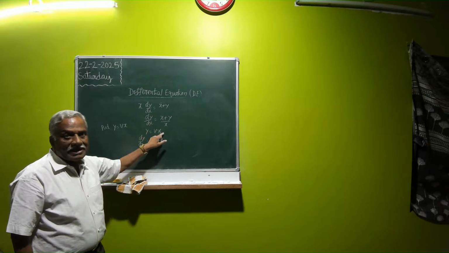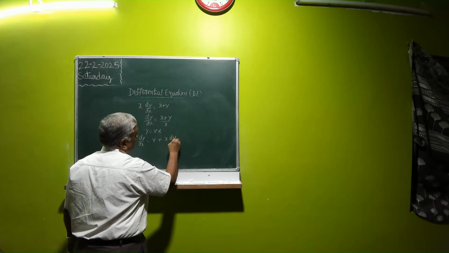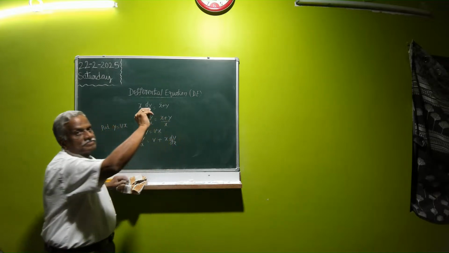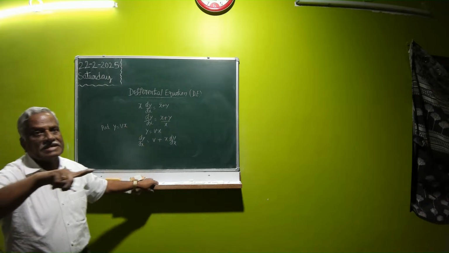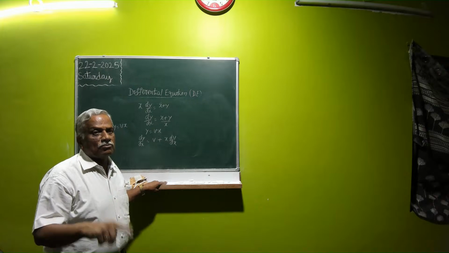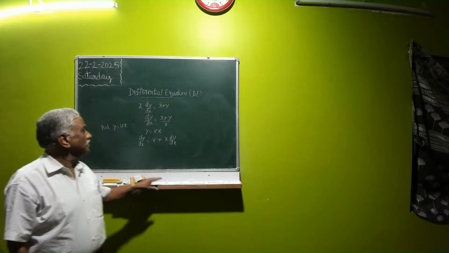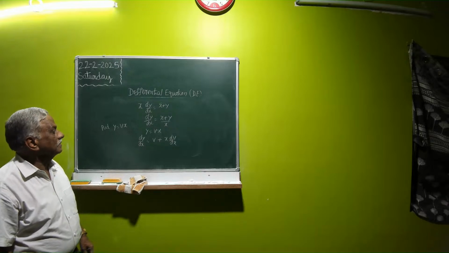Now I keep x as it is, differentiate v, I get dv by dx. Try to understand. After realizing that the problem is a homogeneous differential equation, we should remember the substitution y is equal to vx.